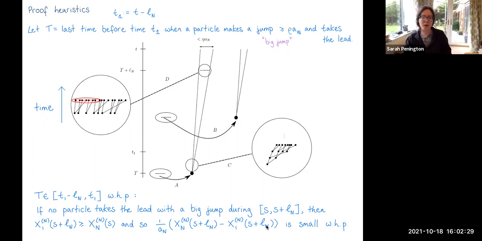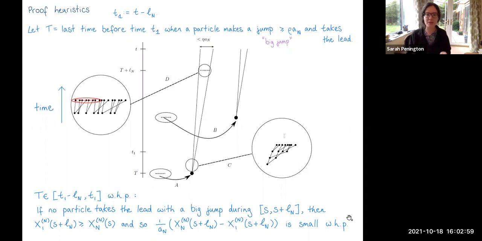And because no particles have taken the lead with a big jump, the position of the rightmost particle at this time can't have moved very far from its position at the start of the time interval, xnn of s. If you haven't made any big jumps, you can't have moved very far. So if you divide by an, the diameter is small with high probability.